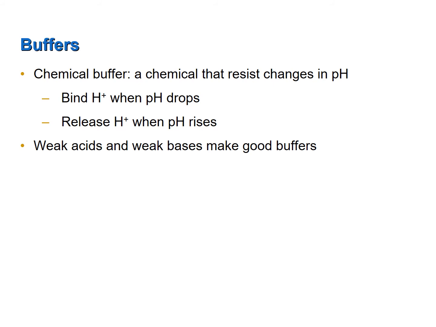Well, as hydrogen ion concentration increases, or in other words, the pH decreases, they will pluck hydrogen ions out of solution, therefore resisting drops in pH. When hydrogen ion concentration decreases, causing an increase in pH, they will release hydrogen ions into solution. So in that way, they resist changes in pH, and weak acids and bases make great buffers.